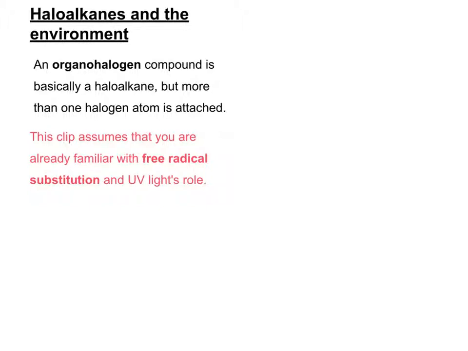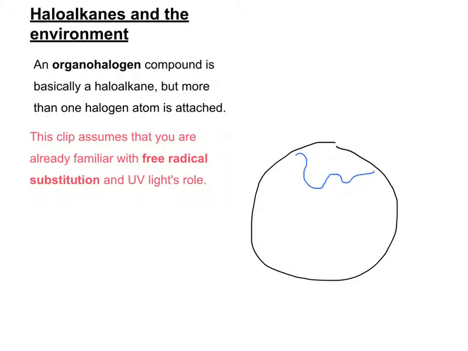So if we draw a very badly drawn picture of the Earth, I'm not taking any responsibility for my map drawing skills, I'm just going to create land masses like that. And let's make a nice big ocean in between them all.